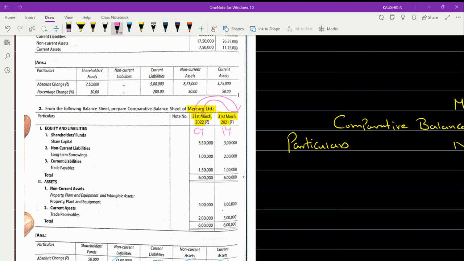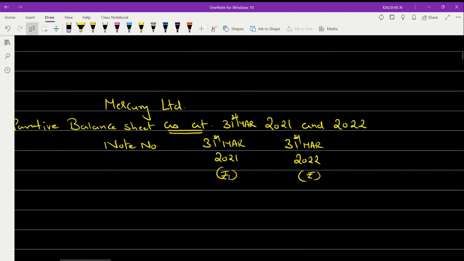That's what I have done now. Can you understand? Yes, sir. First and foremost you have to read the question and come to a conclusion whether we need to alter the columns or not. Here there is a necessity to alter the columns because it is given the other way: the first column is current year and the second column is previous year. So I'm interchanging the columns.